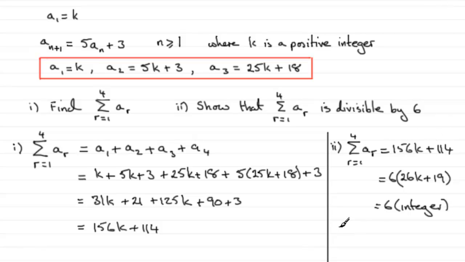So therefore we can say divisible by 6, since 6 is a factor. Alright, and I would think that should be good enough. So I hope you've been able to follow that, and that brings us now to the end of this question.